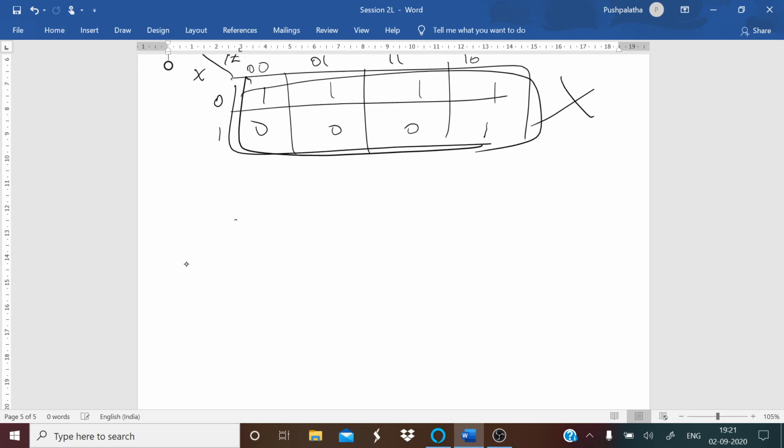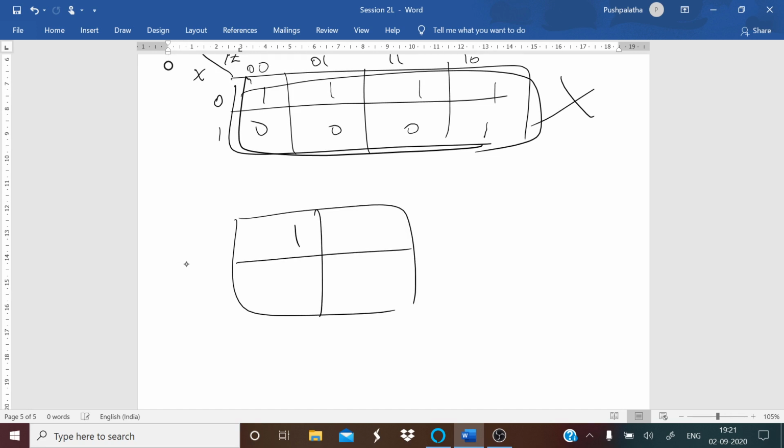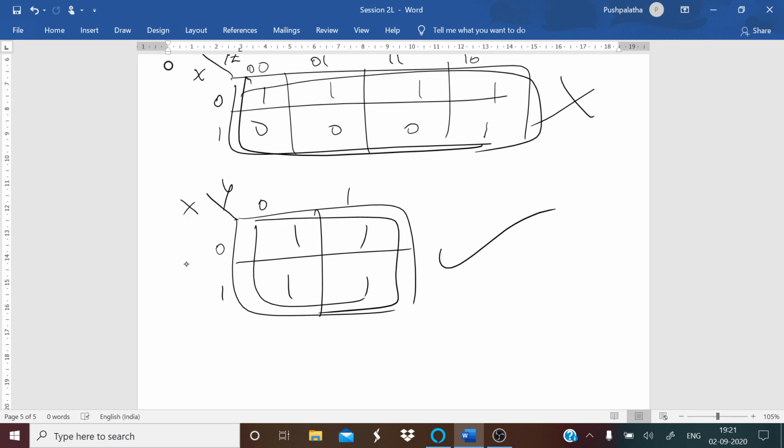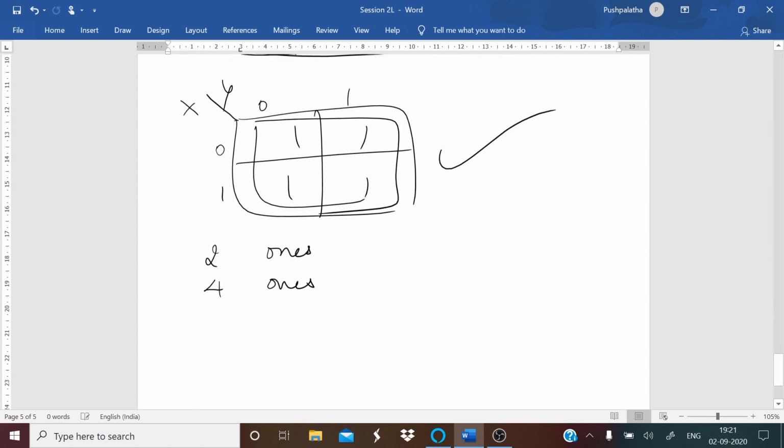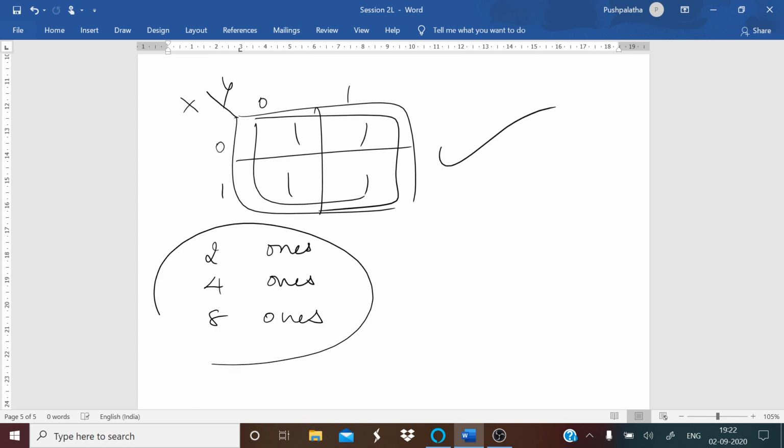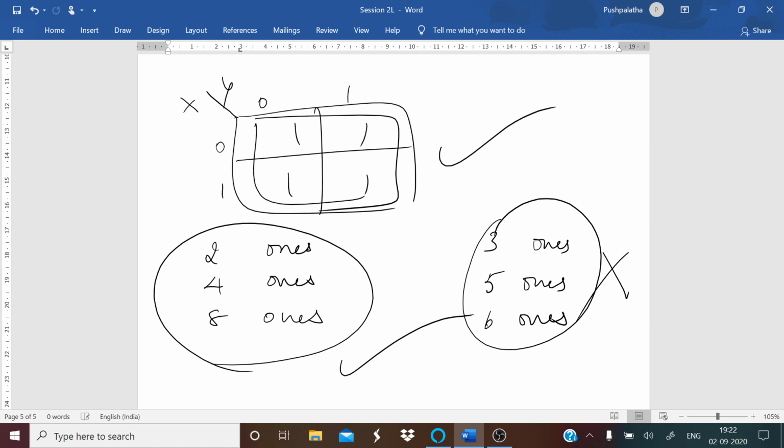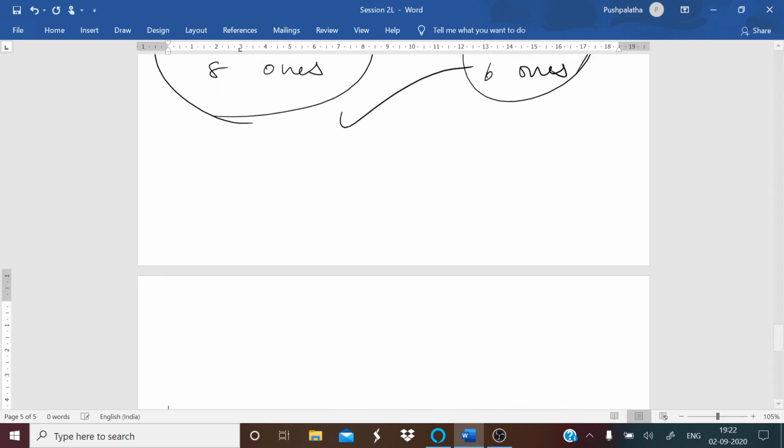If you want, we can put together 1, 1, 1, 1, 0, 1, 0, 1, x and y. You can put together this. This is right. 4 ones can be grouped together. So 2 ones or 4 ones, or you can put together 8 ones. This is valid. But whereas 3 ones or 5 ones or 6 ones, this is not done. Okay, so this is how you are supposed to check grouping.